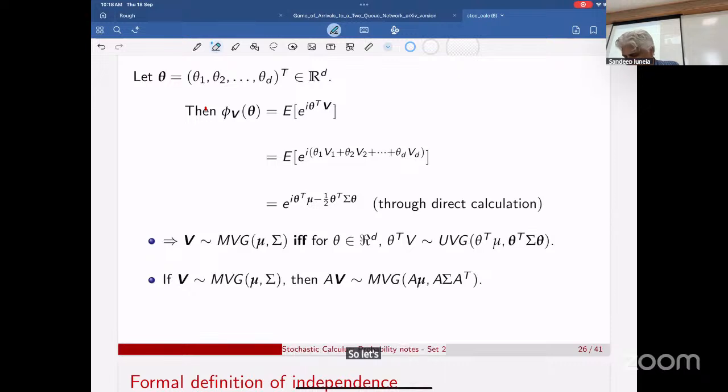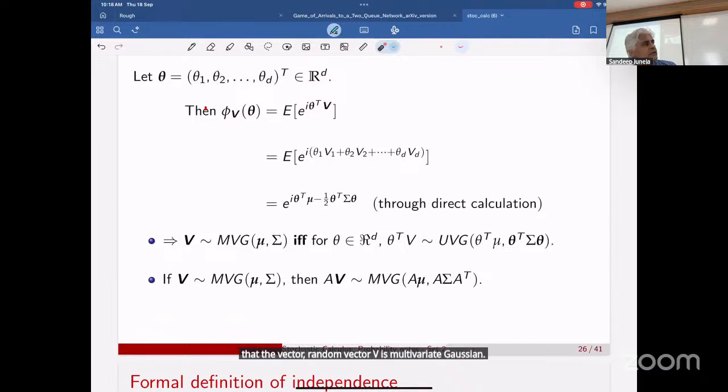So let's go in one direction. Let's assume that theta transpose V is univariate Gaussian with this as mean and this as variance, right? Why does that imply that the random vector V is multivariate Gaussian?